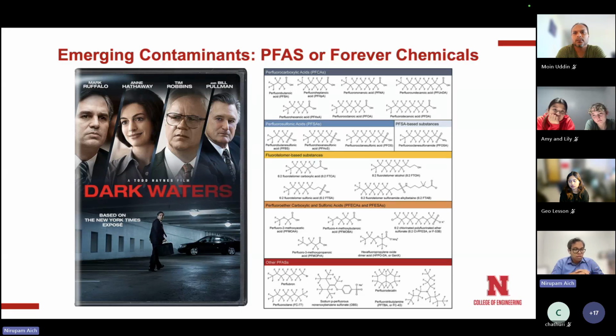But if you haven't heard about it, I would suggest watching the movie Dark Waters. It is from 2019. It shows a chemical pollution problem caused by PFAS in West Virginia back in the early 2000s.